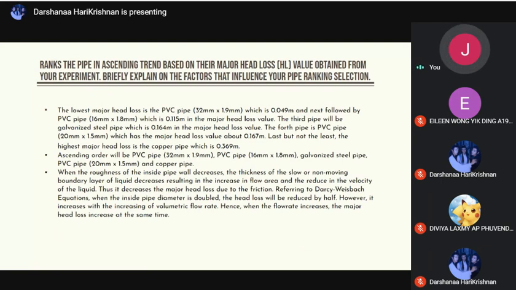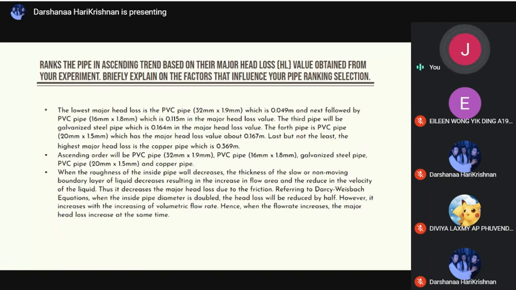When the roughness of the inside pipe wall decreases, the thickness of the slow or non-moving boundary layer of liquid decreases, resulting in the increase in flow area and the reduce in the velocity of the liquid. Thus, this decreases the major head loss due to the friction.